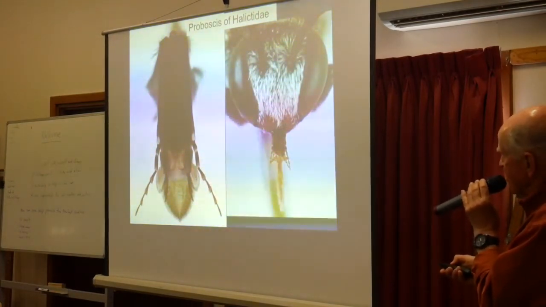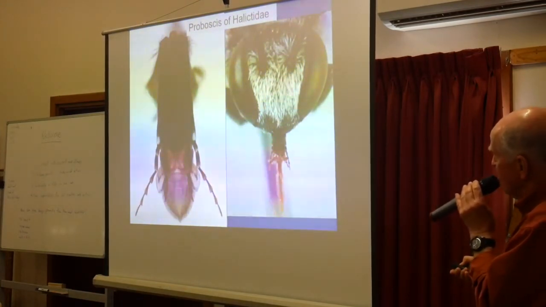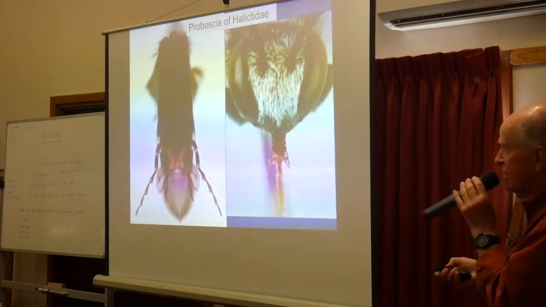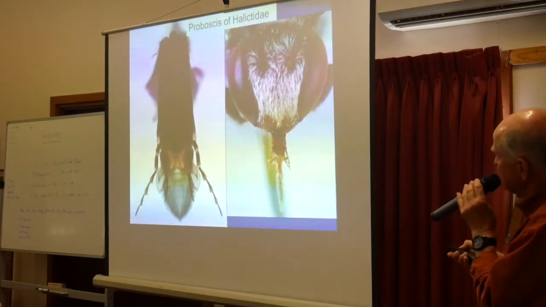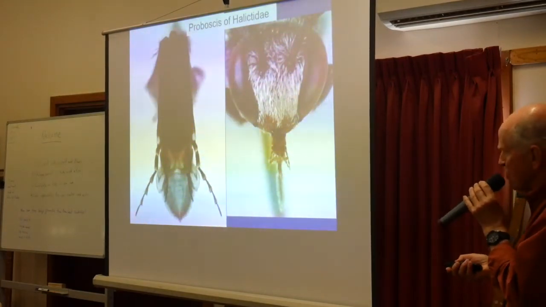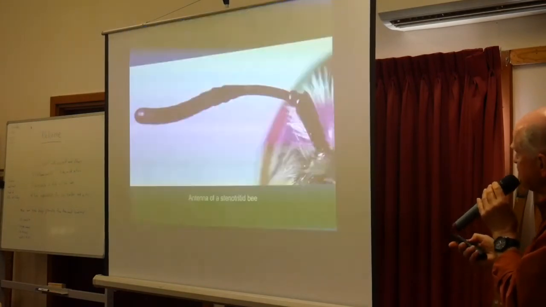It can be elongated to varying degrees, so that it becomes almost long enough to think, isn't that a long-tongued bee? But we've still got these little jointed appendages here, 2 pairs of them. So you've got to look both for the tongue and the little appendages.